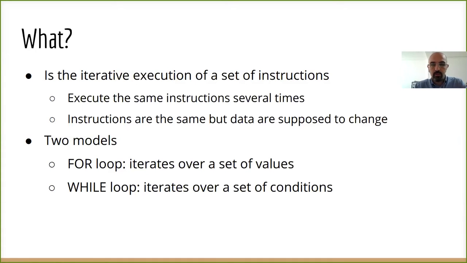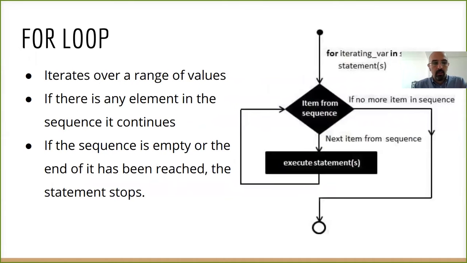We have two models to use loops, and that we will be introduced in this lesson: for loop and while loop. The for loop iterates over a set of values or a range of values, and for each element of this value, it executes some instructions.